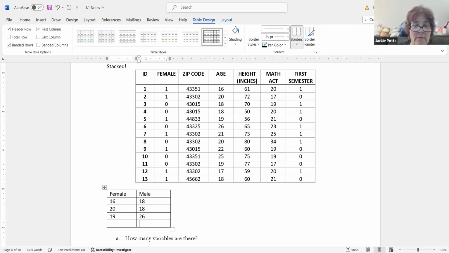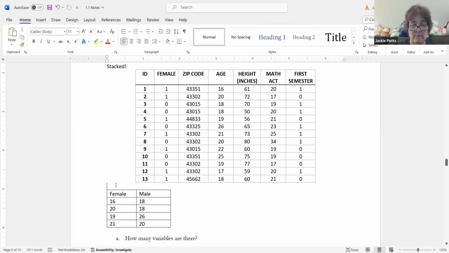Next, line 7 is a female who is 21. I can keep going, but I'm hoping you're getting the gist that overall we're comparing ages in male, female. That is unstacked. That's what unstacked looks like.